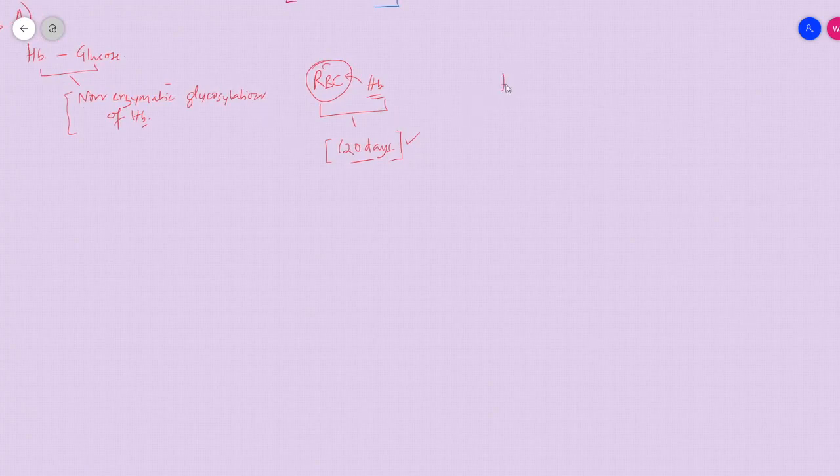So let's look at the levels. HbA1c is determined as a percentage, okay? And because there is a linear relationship, there is also a relationship with the blood glucose level in milligram per deciliter.